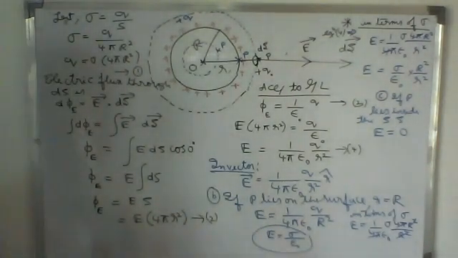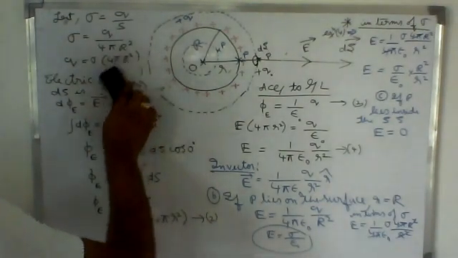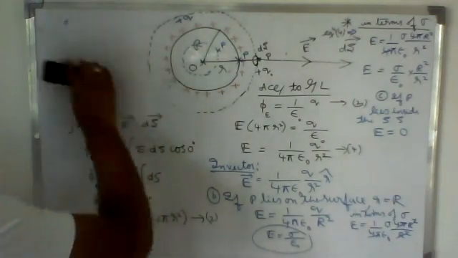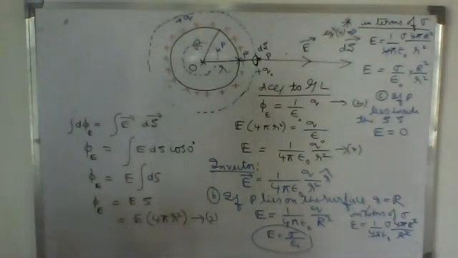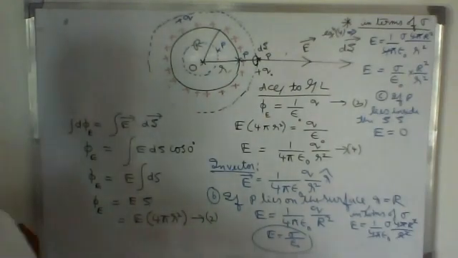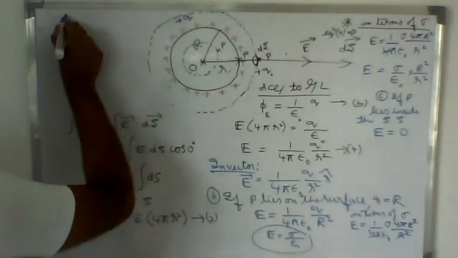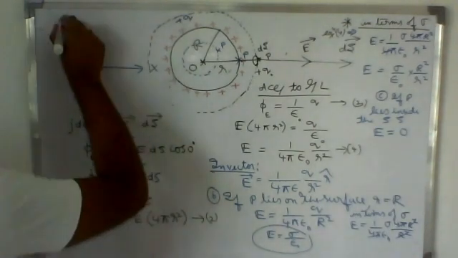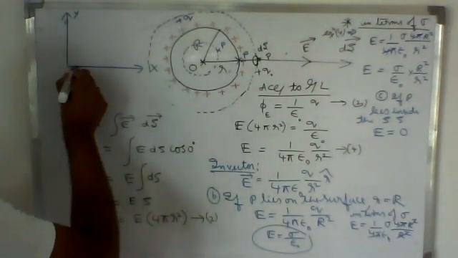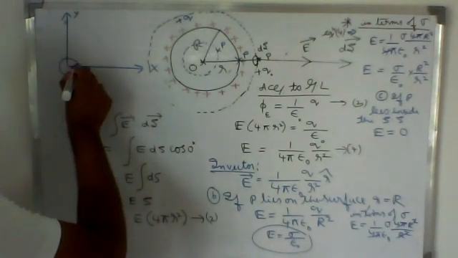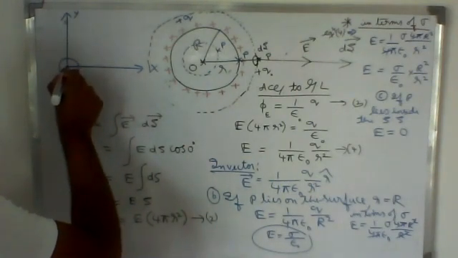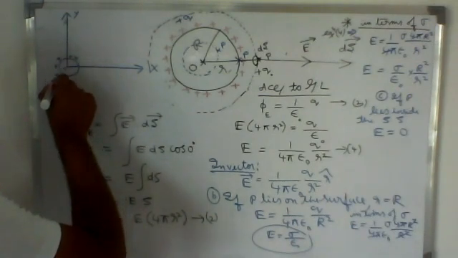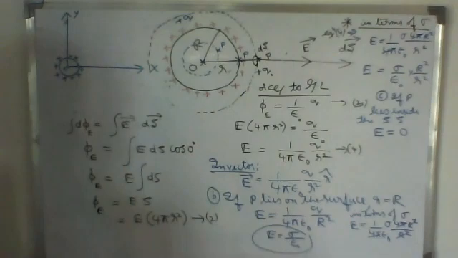Okay, how does the electric field vary with the distance? That is also very important. Let us consider a small graph here. This is the x-axis, this one is the y-axis. This is the center of the uniformly charged thin spherical shell.